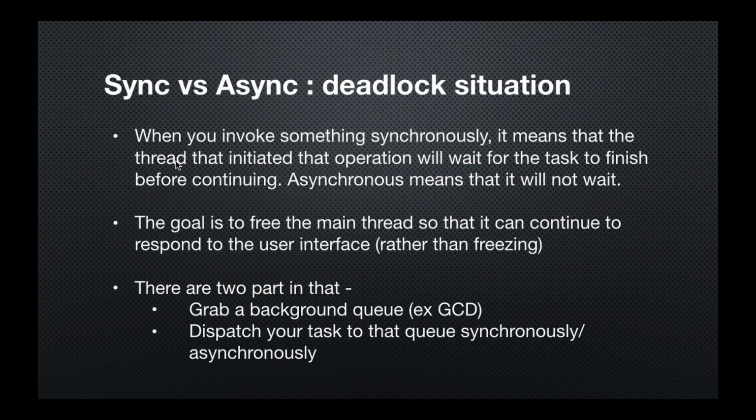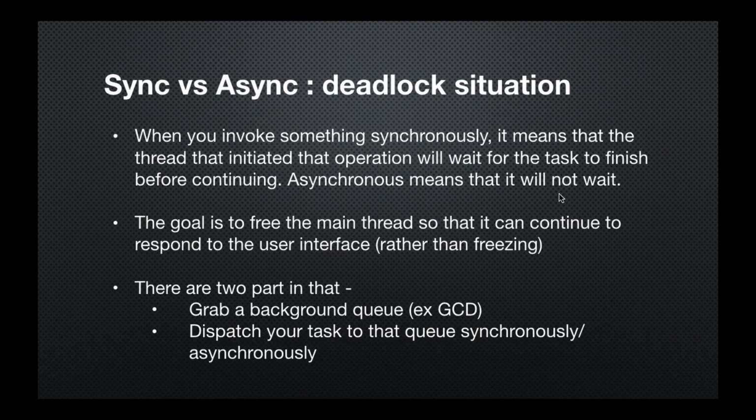When you invoke something synchronously, it means that the thread that initiated that operation will wait for the task to finish before continuing. Asynchronous means that it will not wait.